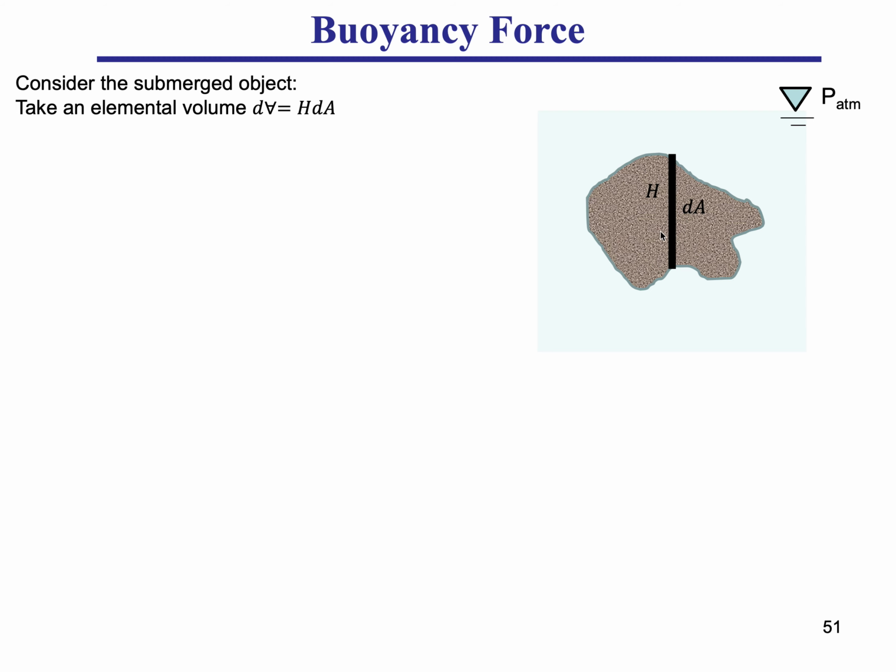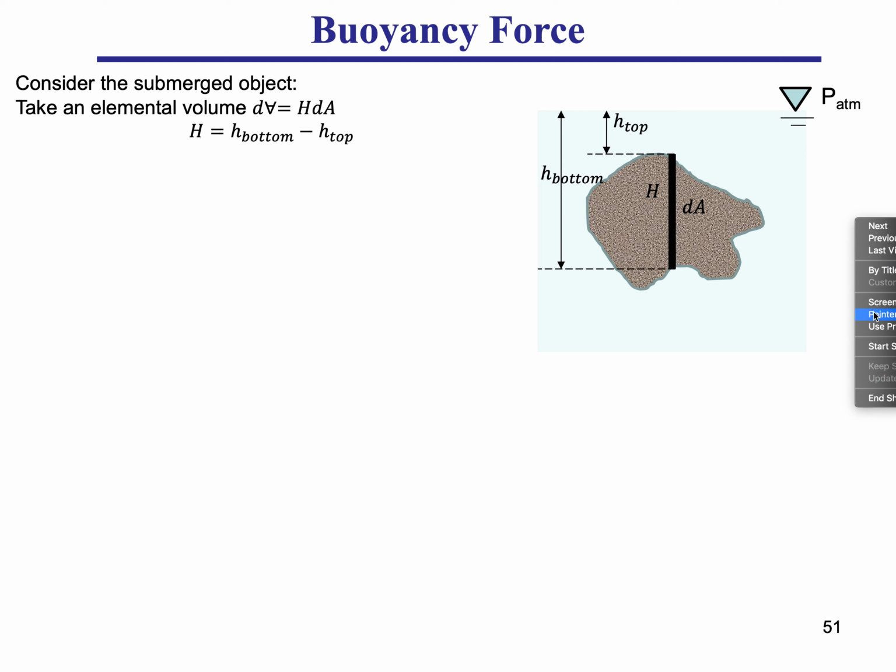So this elemental volume has a height h and a cross-sectional area dA. The bottom is submerged under a depth of h bottom, and the top part of the element dV is submerged under a liquid of depth h top. So the difference, h bottom minus h top, will be equal to just the height of the object that we are looking at.